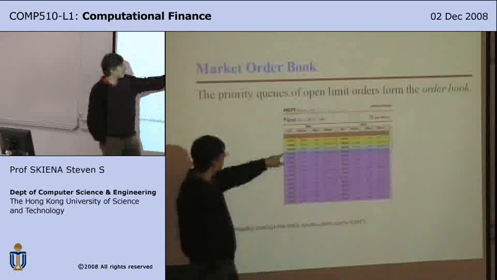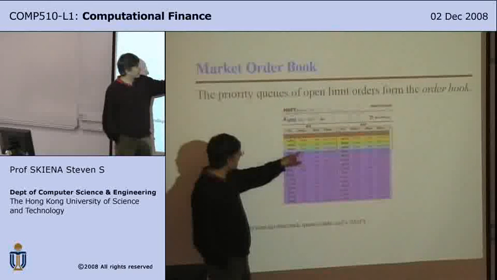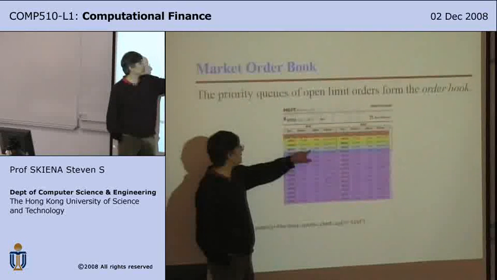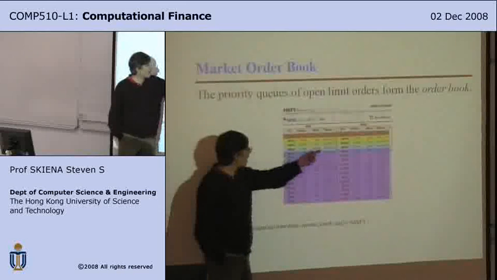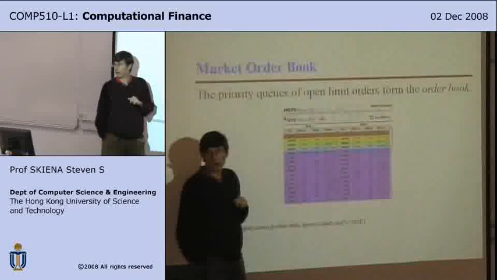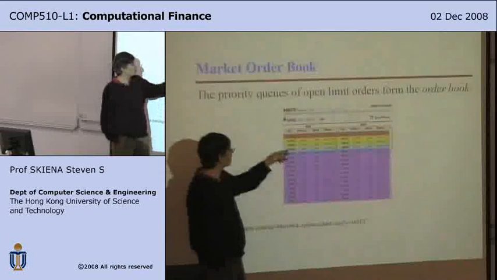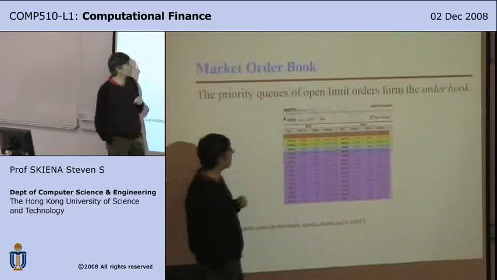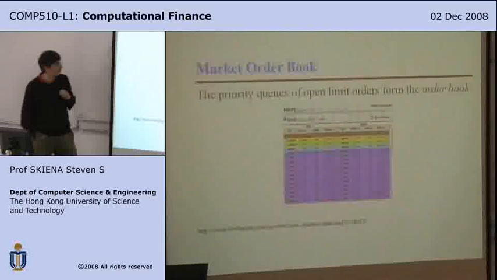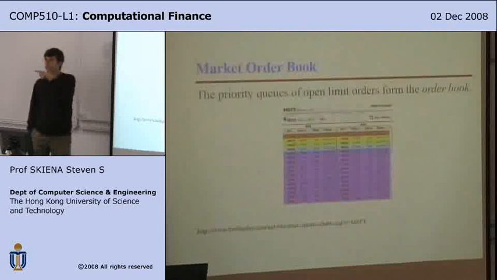If I said, well, I'd like to buy it at 1982, it'd be a little bit cheaper. But now I'm behind this big order, okay? And it might very well pay for me to offer a little bit more if I know what is sitting in the queue, okay? Any questions? So I can get ahead of or behind other people. Any questions?